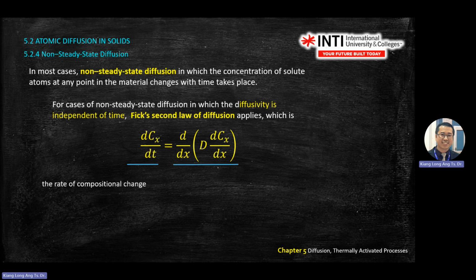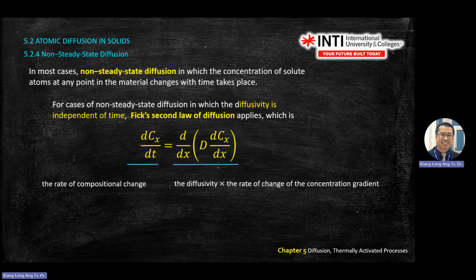So on the left is concentration differentiation over time. It's called the rate of composition change. You take concentration, look over time, it becomes the rate of change of concentration. This is the diffusion rate, diffusivity multiplied by the rate of change of concentration gradient.